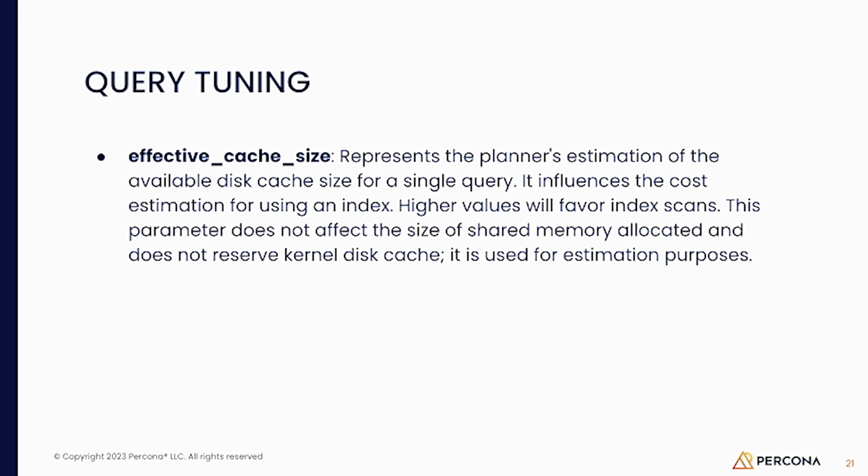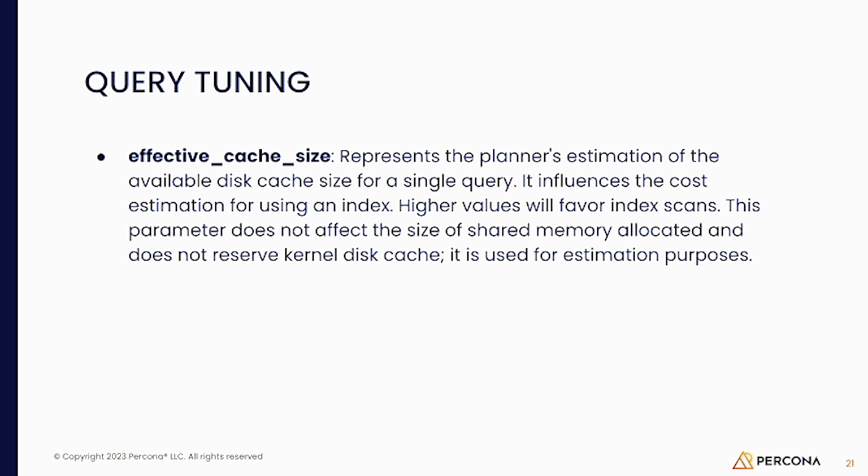And finally, the other parameter we see in this section is the effective cache size. The effective cache size does not allocate or pre-allocate any memory. It's just an insight for the optimizer. And as you know, Postgres relies on double buffering, so we have all those pages that we hold in the shared buffer, but we also have many pages that are held in the file system cache, so we can avoid going to the disk.